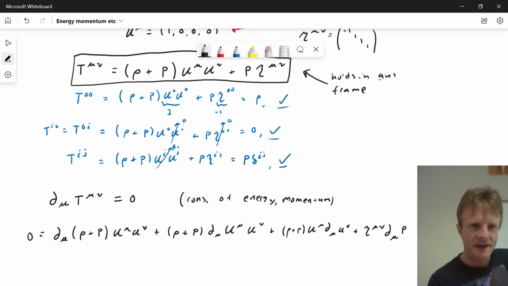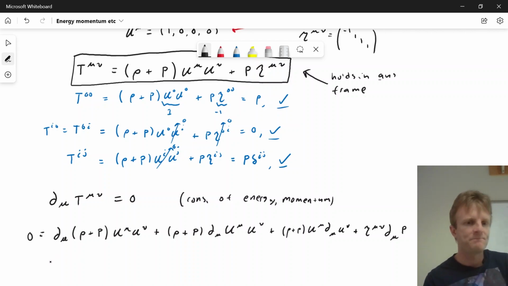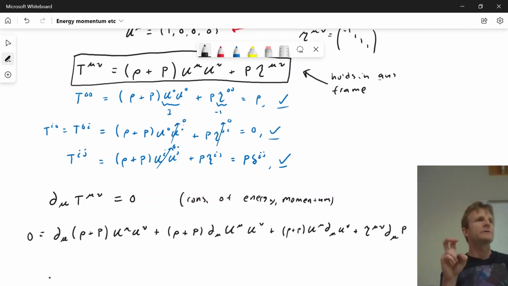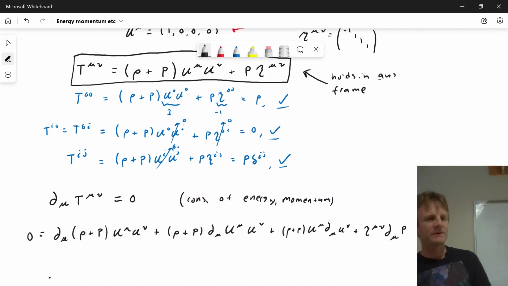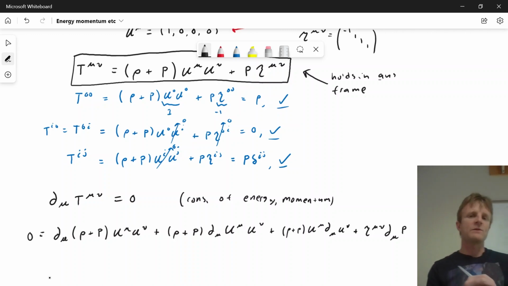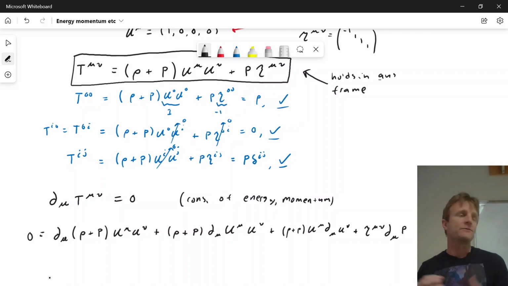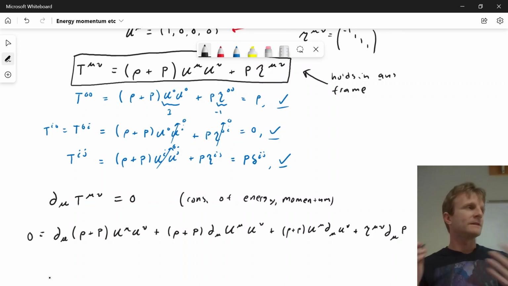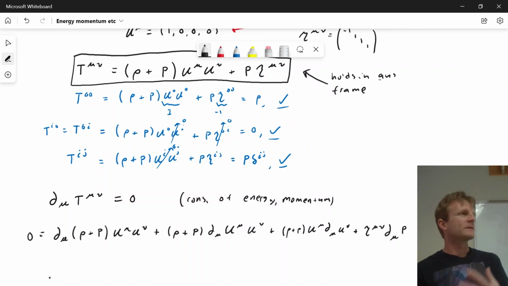Okay, now we want to make some sense of this. And the thing to do is basically, quote unquote, take the time and space components. But we don't want to do it in some specific frame. Now we want to do it in the rest frame of the fluid to interpret this in the way you're used to thinking about it.